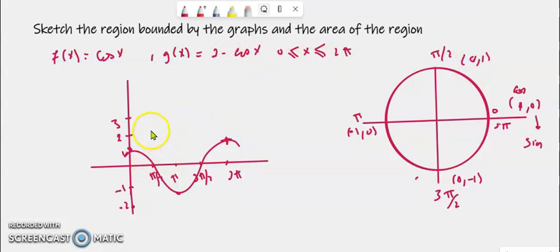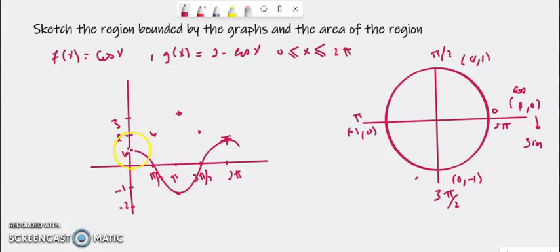So my second point is here, 2 at pi over 2. Then at pi, cosine pi is negative 1, so this is 3. This is my third point right here. Then at 3 pi over 2 cosine is 0, so it will be 2. And finally, at 2 pi, the cosine is 1, and 2 minus 1 is 1, which is here.